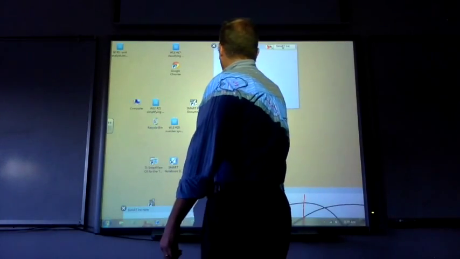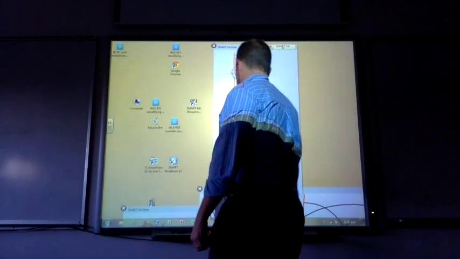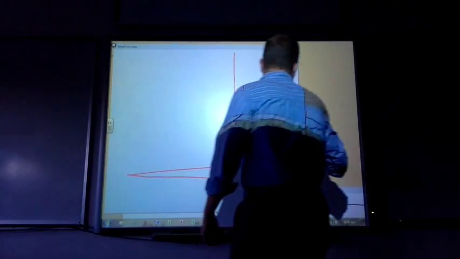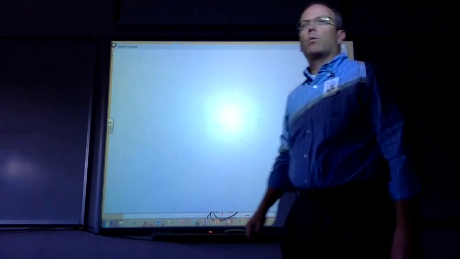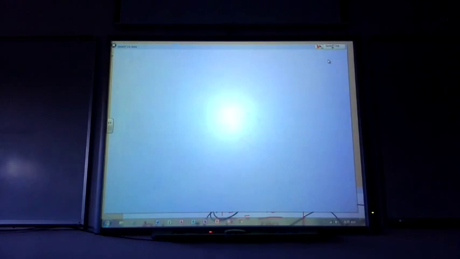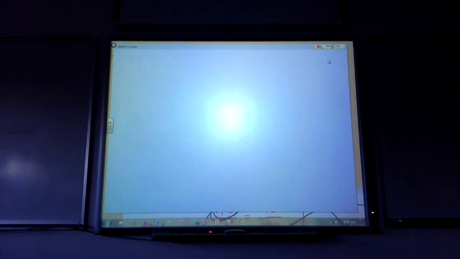Can you identify the word is? And can you identify the word of? Is on the top and of on the bottom. Is over of equals percent over 100. In a problem, you're going to have the word is and the word of every time.